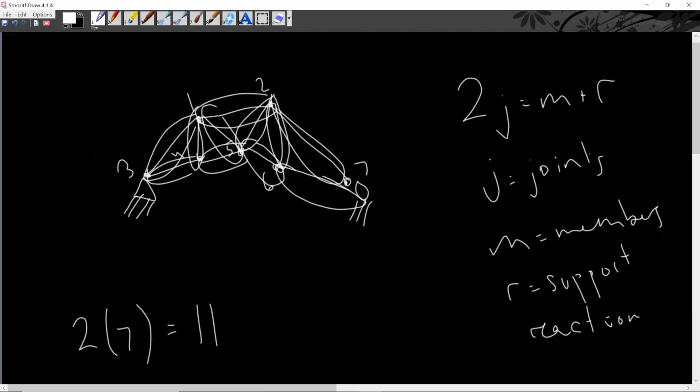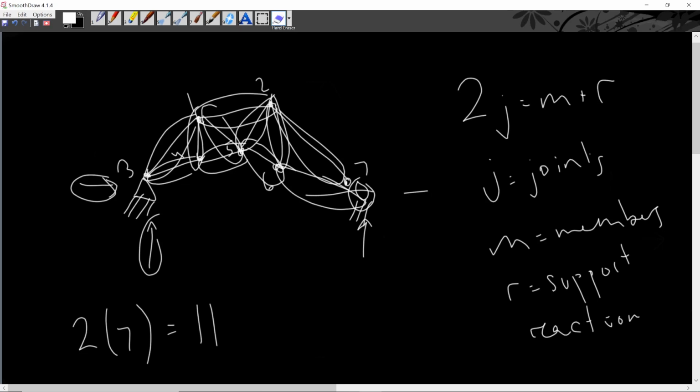Support reaction is what we've been talking about. It is the forces acting on these pins. So there is one force right there, one force right there, and then one vertical force right there. Again, rollers can move tangentially or horizontally, while pinned supports cannot move vertically nor horizontally.